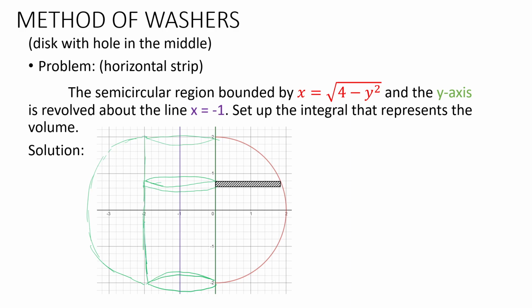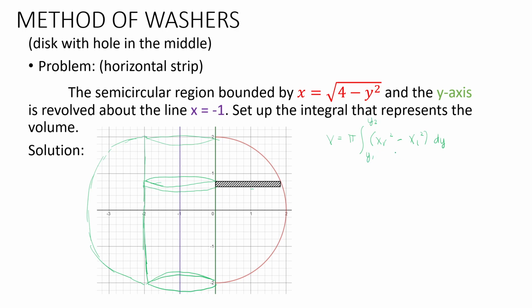Okay? So what if we're going to rotate about x equals -1? This needs some understanding of the problem now because we're not rotating about the x or y axis anymore. So let's write the formula first. Since this one is a horizontal strip, this should be x right squared minus x left squared dy from y1 to y2.